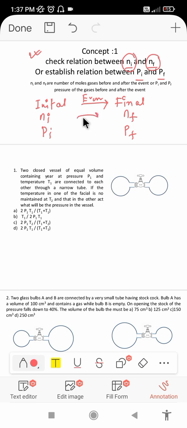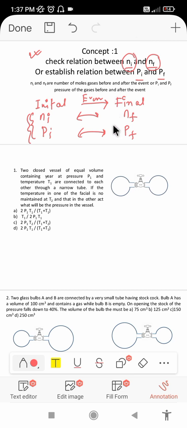These two might be equal or not equal. P final and P initial may be equal or may not be equal, but in any of the cases we will always focus on these two things. I don't say that you cannot solve the problem in other ways; any solution which leads to the perfect answer is a good solution.